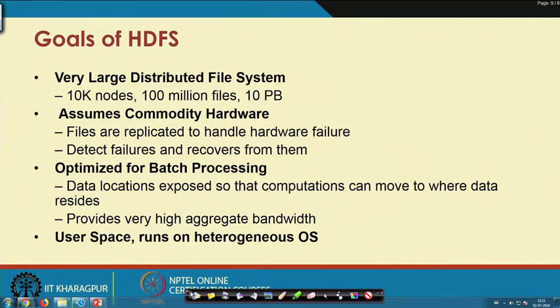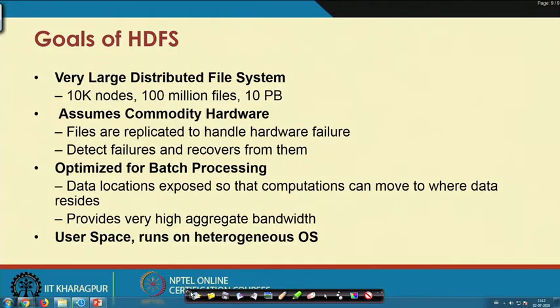Okay. Moreover, it assumes that you are running this whole Hadoop system on commodity hardware. So, hardware failure is the norm, and hence files have to be replicated, and the file system is designed in such a manner that it detects failures and recovers from them.